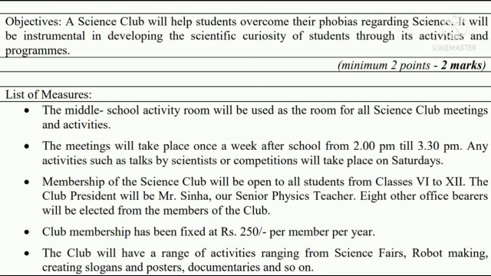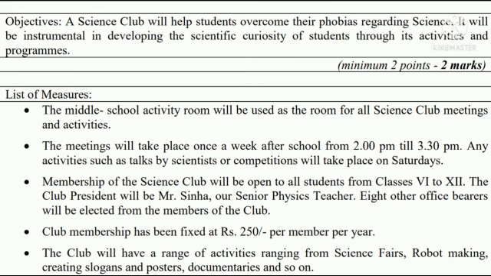Keep this in mind. A minimum of 2 points should be written, but I request all the students to write at least 4 objectives. You should not forget this. 2 marks are allotted for the objectives. So if you write only 2 points and commit mistakes, marks will be reduced. That's why I'm asking you to write 4 points.